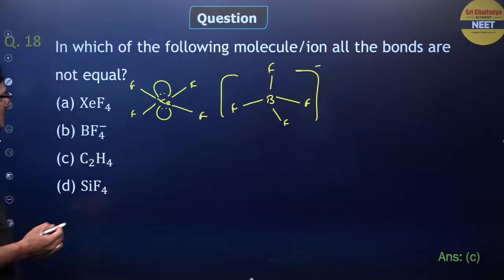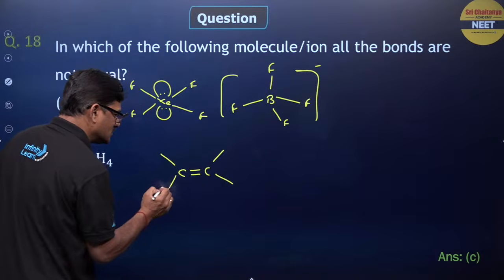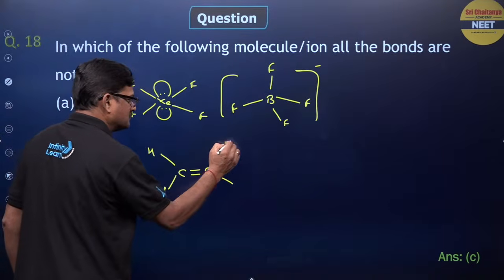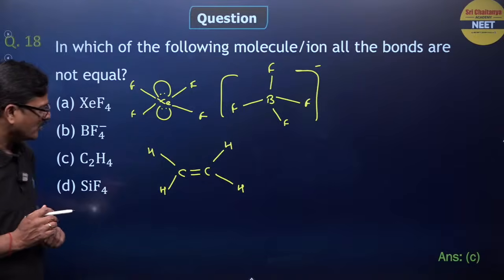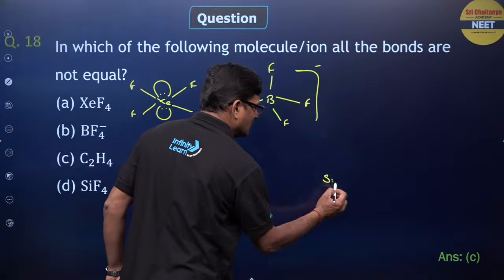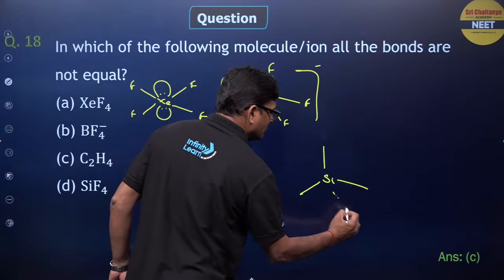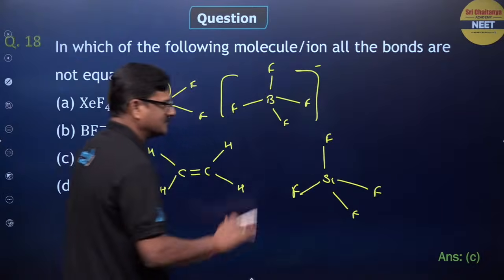And C2H4, C double bond C, and hydrogen and hydrogen. So this bond is different from this bond. And SiF4, Si, and it is going to be F and F and F, all bonds are equal.